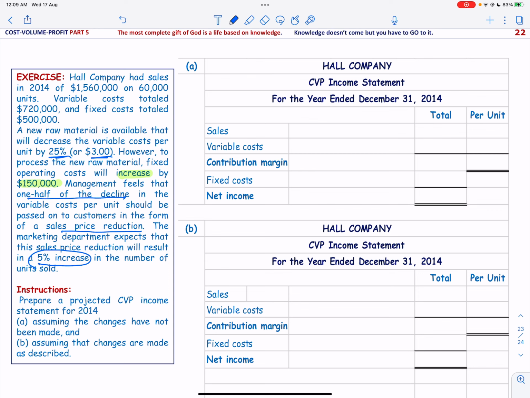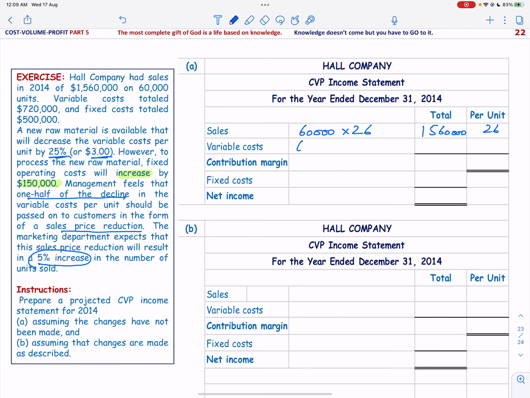So we have the sales, and the sales is for 60,000 units, and the total is 1,560,000. So you divide, and that will be 26 per unit.